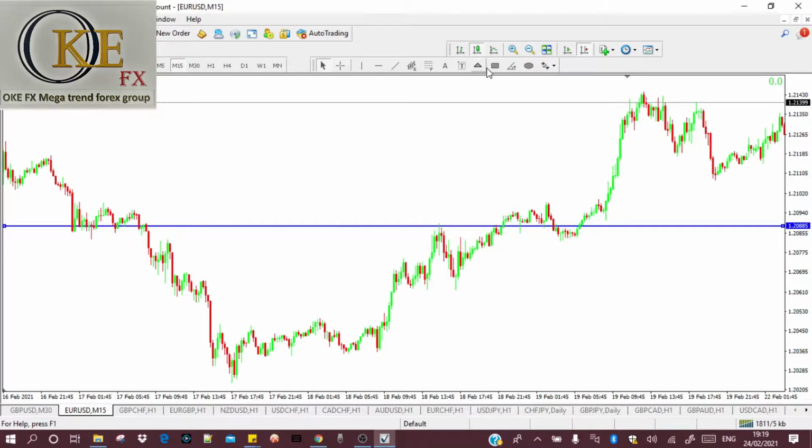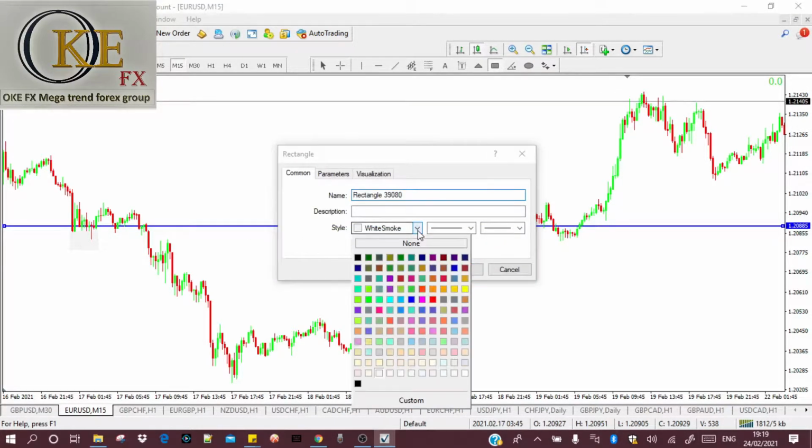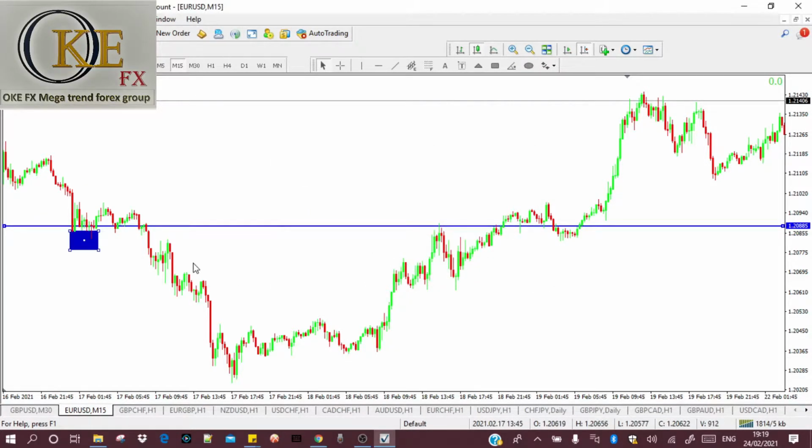You will notice that this was a support. Just give me a moment. Let's deal with resistance. Now, this is a resistance. Can you see this? Notice what happened.